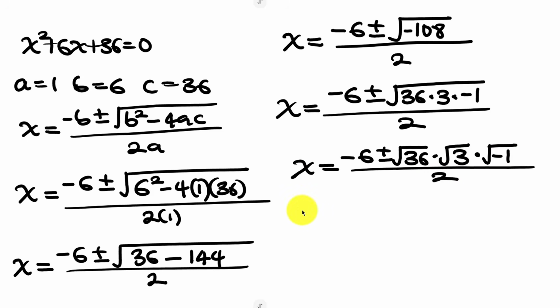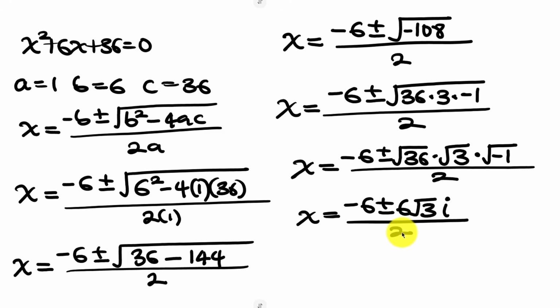Good. So this becomes x equal to negative 6 plus or minus the square root of 36, which is 6, times the square root of 3 times the square root of negative 1, which is actually i, all over 2. And we can divide.